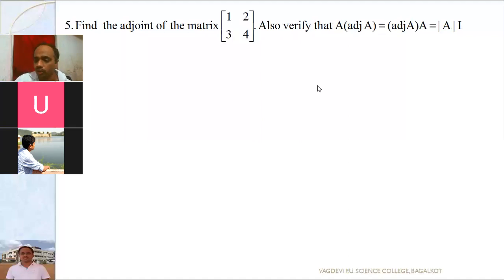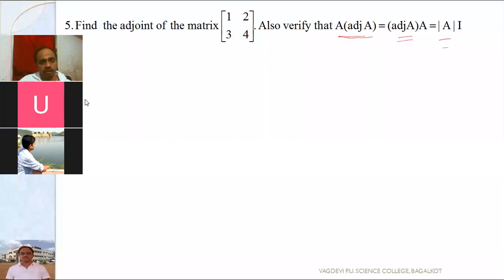First, we have to understand what is adjoint. This is also important for CET. Remember, first you have to find the cofactor matrix. After finding the cofactor matrix, if you take the transpose of that, we get adjoint A. First, you have to find minors and cofactors.